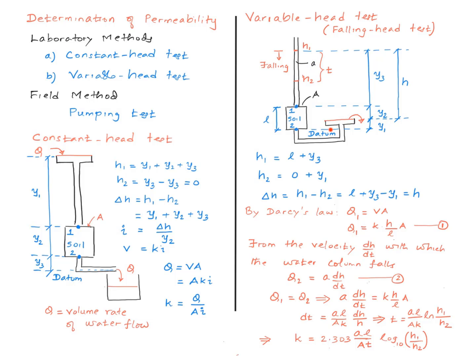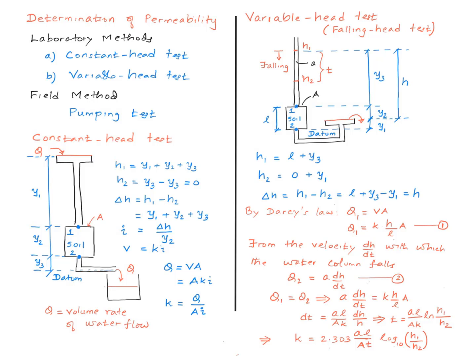Taking this level as the datum, the head at point 1 is given by this equation right here, L plus y3, where L is the length of the sample and y3 is this distance right here that represents the pressure head at point 1. And the total head at point 2 is given by this equation. You subtract one from the other. We get this little h, which is this distance, as the head difference between points 1 and 2.